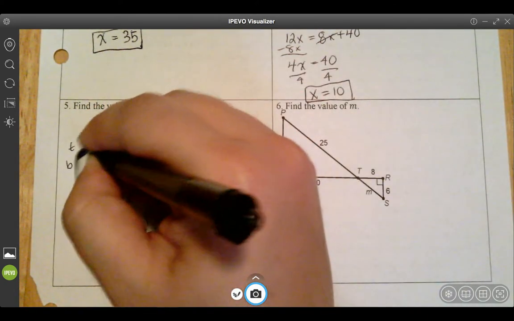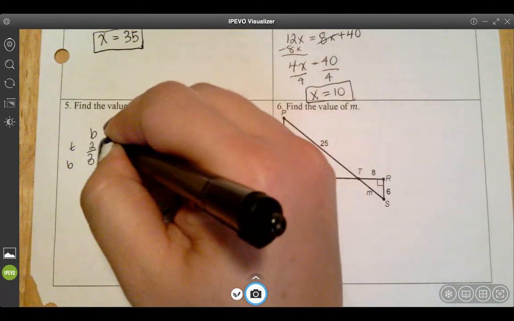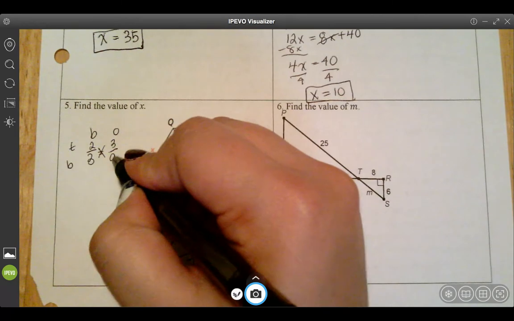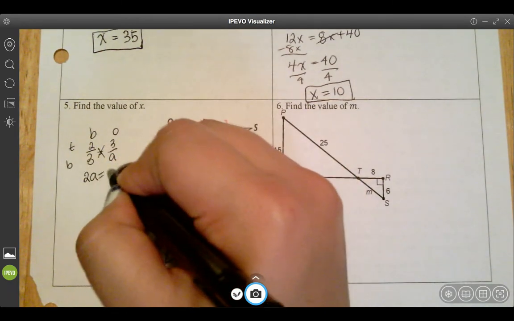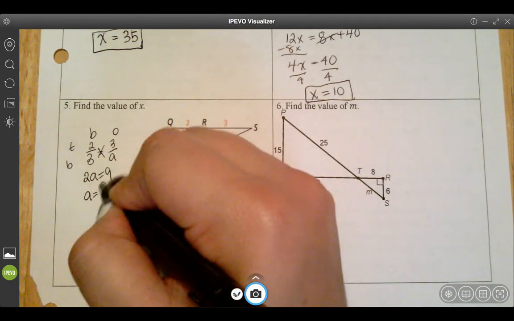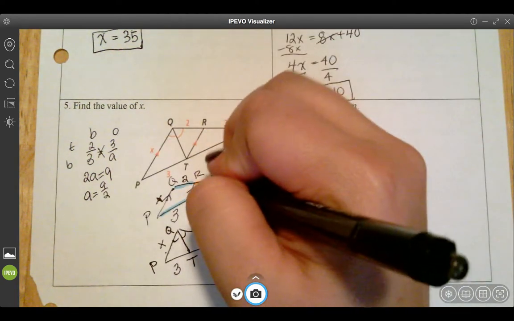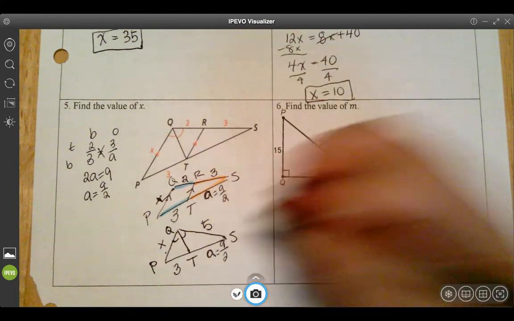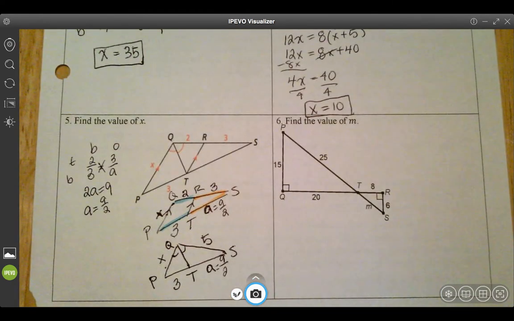So that's 2 over 3 equals 3 over A. We need to cross multiply to get A in the numerator, so that's 2A equals 9. A equals 9 halves. And I'm just going to leave it as 9 halves. You could write it as 4.5 if you prefer.